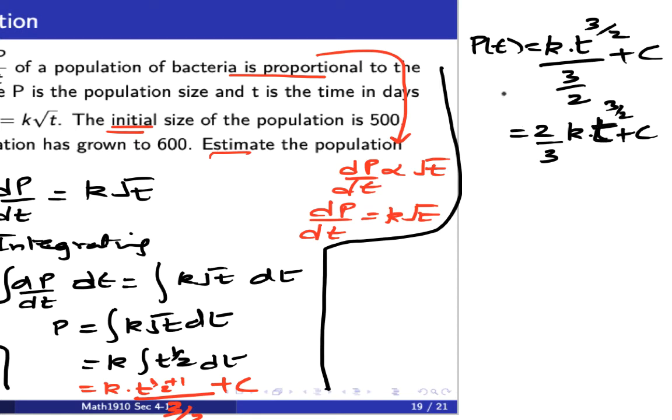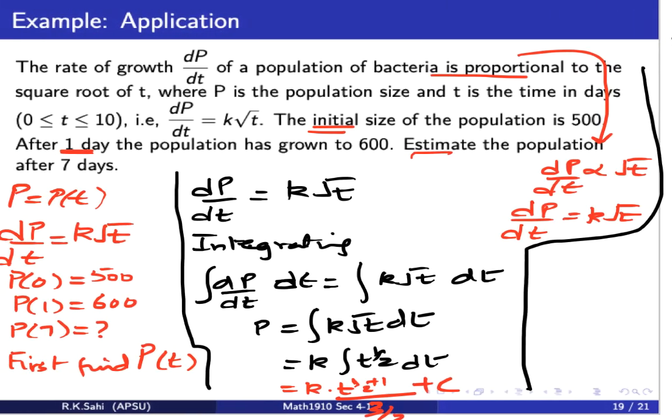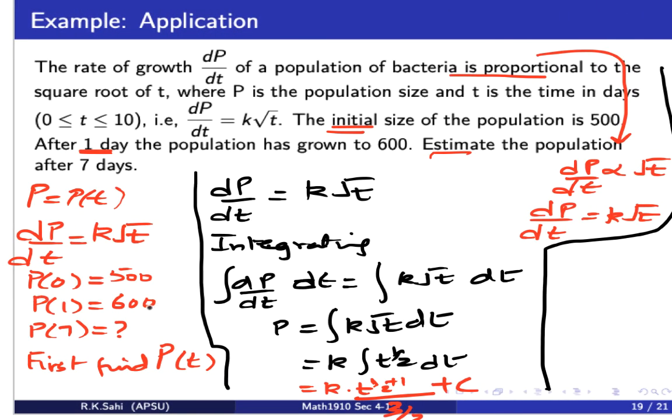Now this is a general solution because you have constants. There are two constants, k and c. To find the population after 7 days, we need to get values for k and c. As there are two constants, we need two conditions. From the problem, we are given that the initial size is 500, and after 1 day, the population becomes 600.